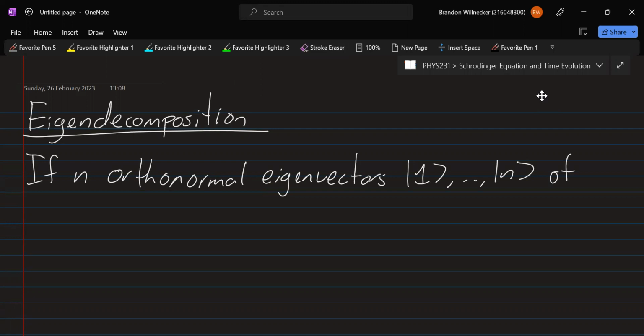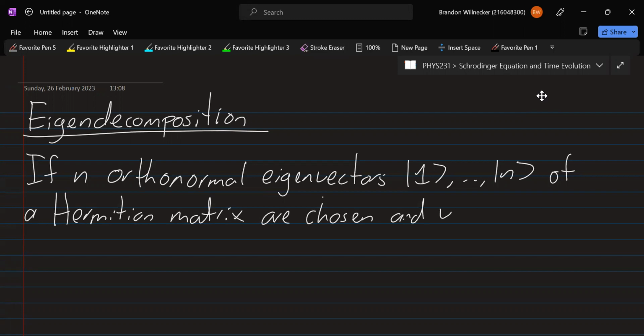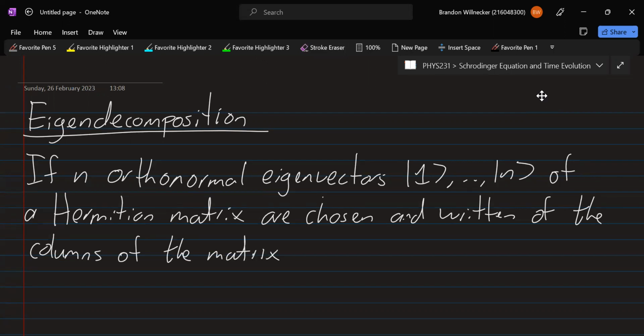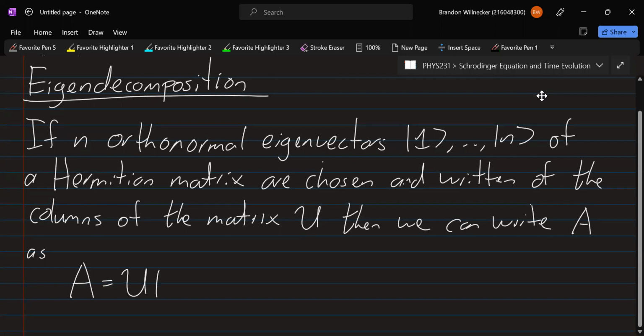Of a Hermitian matrix are chosen and written as the columns of the matrix U. Then we can write A as A equals U D U inverse, like we had before.